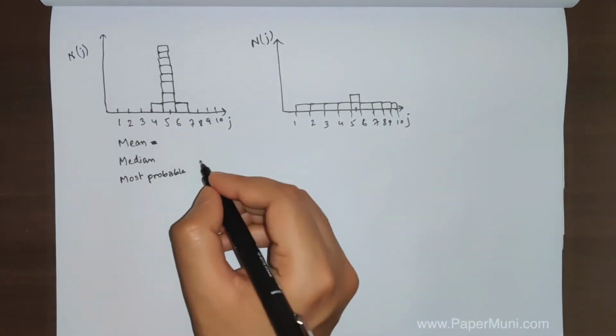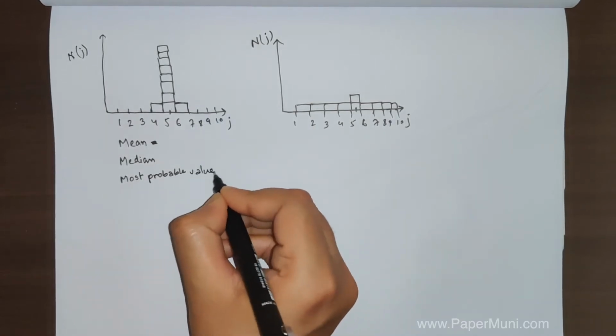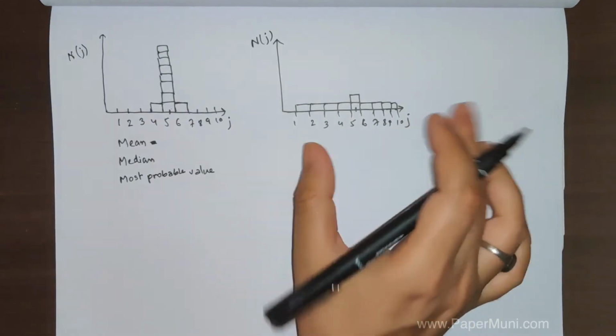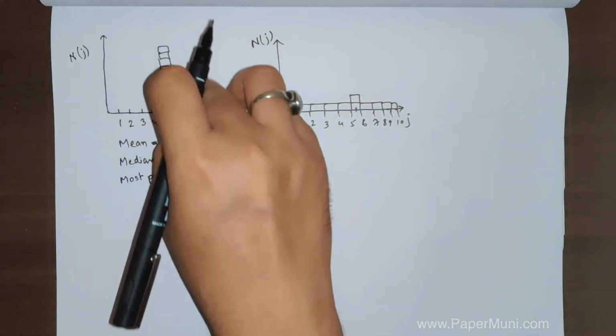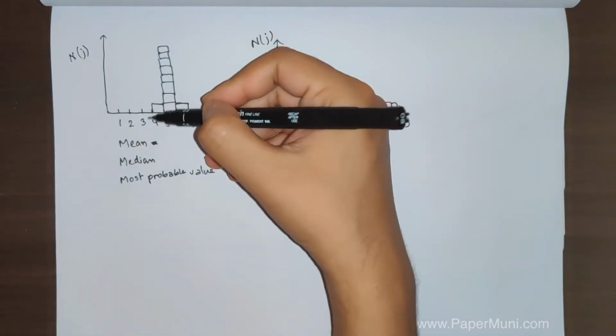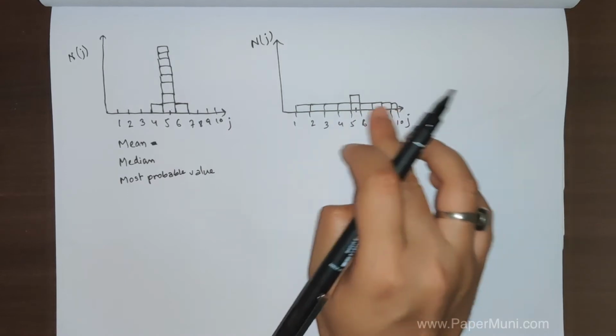But there's one difference between them, which is the spread of data. Here the data is accumulated in this region only, between 4 and 7, but in this case it's spread out throughout the region.